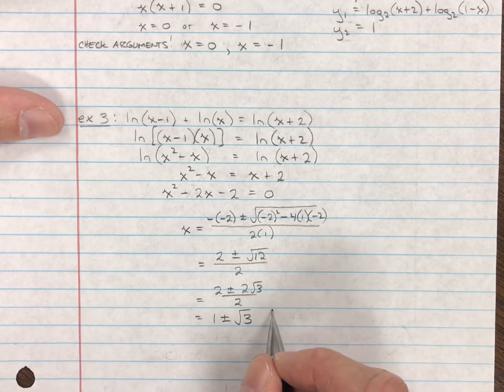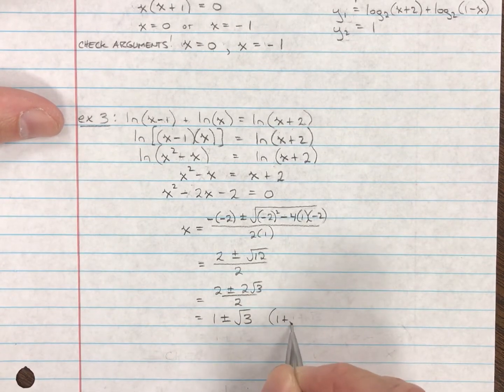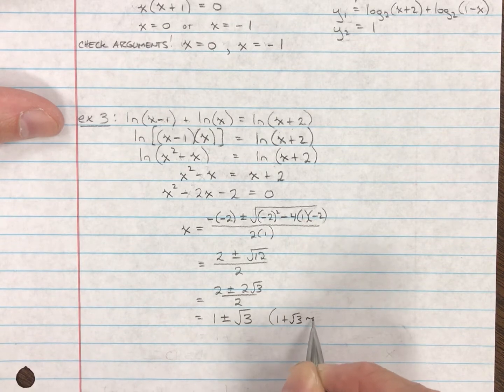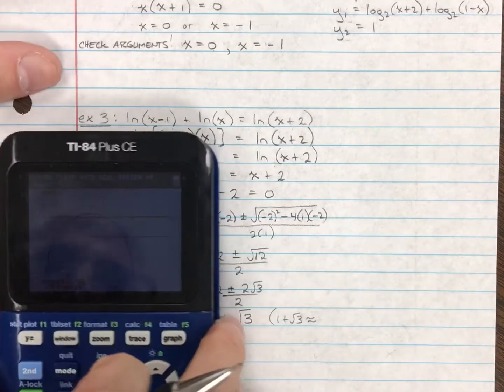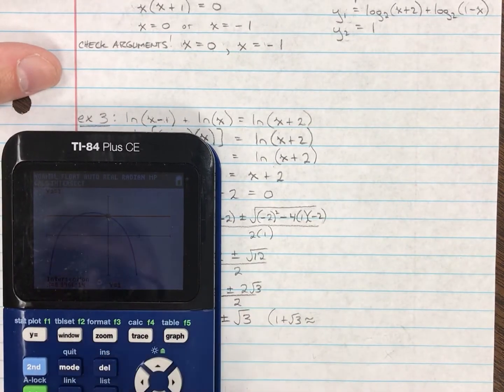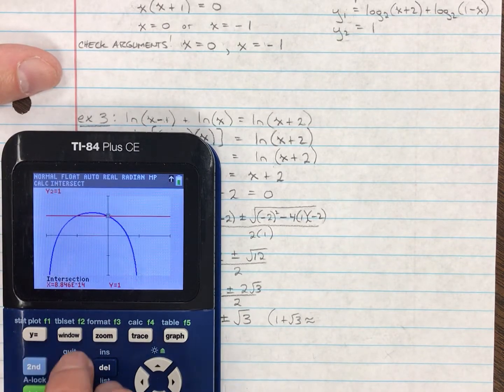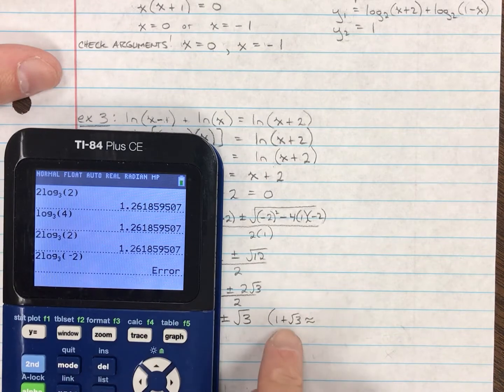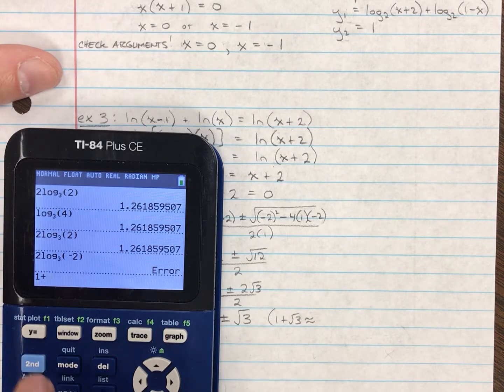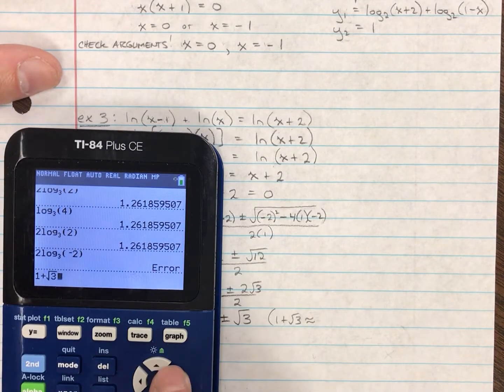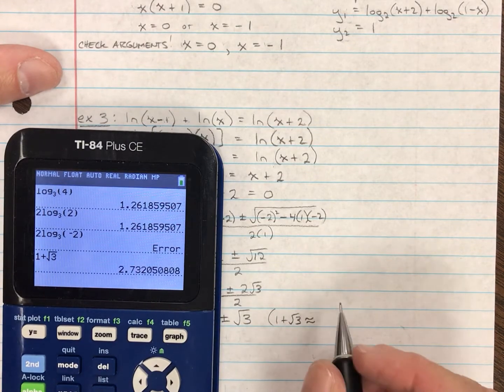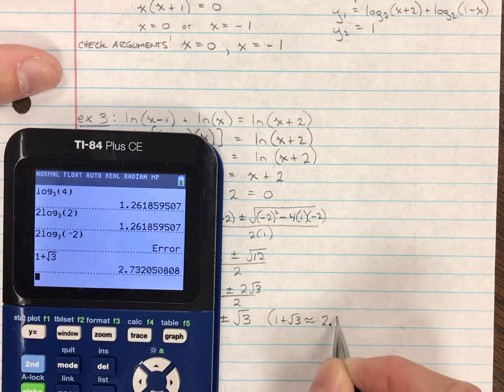Well, let's see here. 1 plus the square root of 3 is approximately equal to what? Because I want to check my arguments. So let's go into here. Let's quit out of my graph. 1 plus second square root 3. That's approximately 2.73.